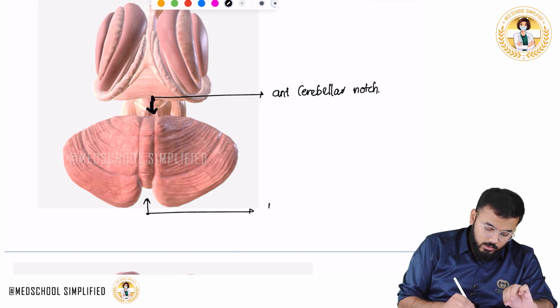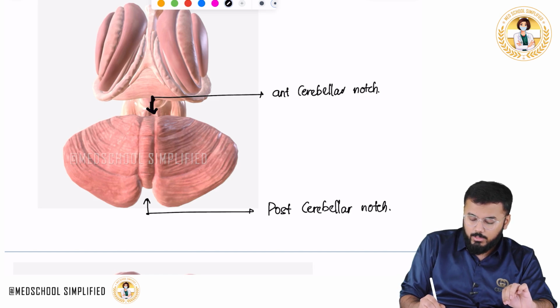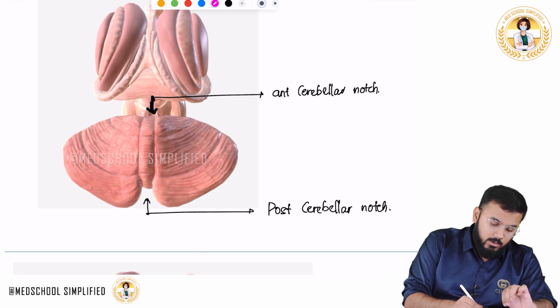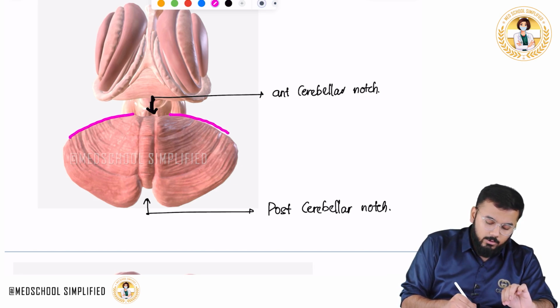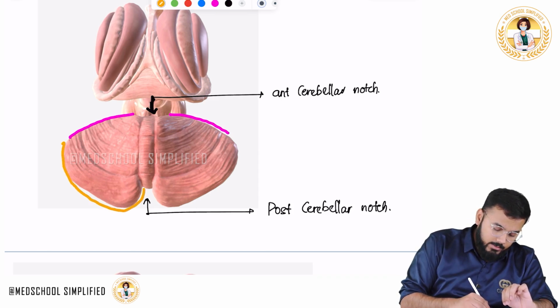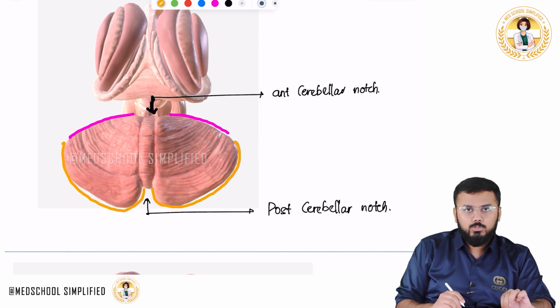Okay, this one on the back you call the posterior cerebellar notch. Anterior and posterior cerebellar notch. Now what is this surface over here? You see, again I am drawing the same surfaces. This is called anterolateral on both sides, and this entire surface is called the posterior surface.